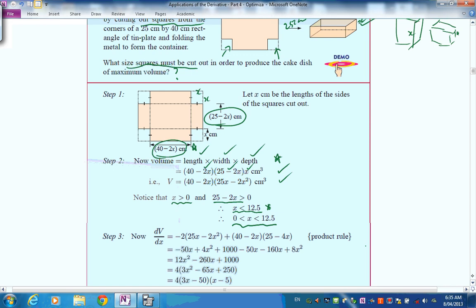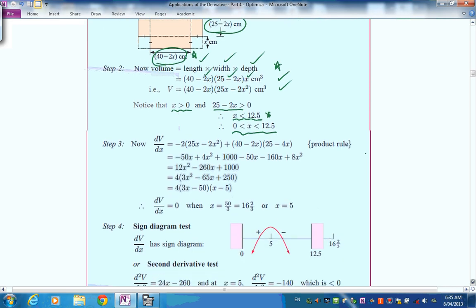Okay, so we've got our end conditions here, putting in the constraints on x in practical land. So now we need to get the derivative. So just coming here now, just keeping in mind the product rule, those two things times. So it's the derivative of the first by the second unchanged plus the first unchanged by the derivative of the second. So applying all that out, we've got a quadratic, and then we can factorise it, putting it equal to naught.